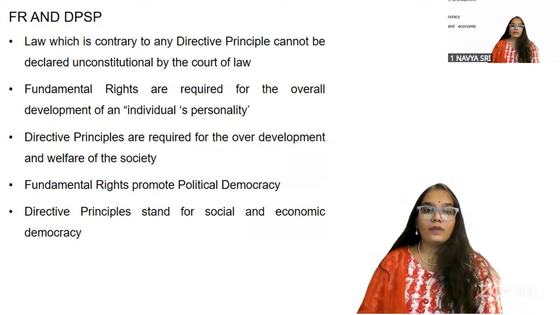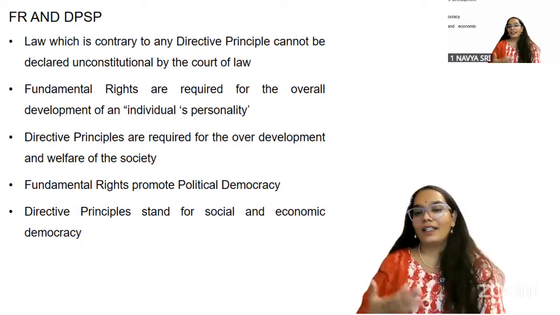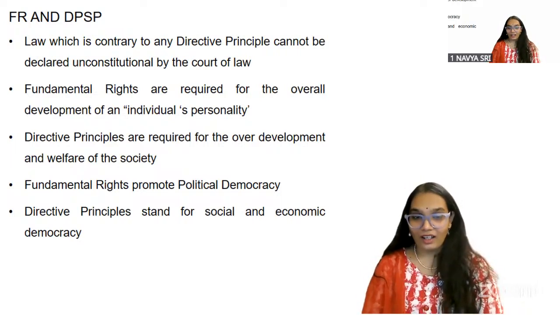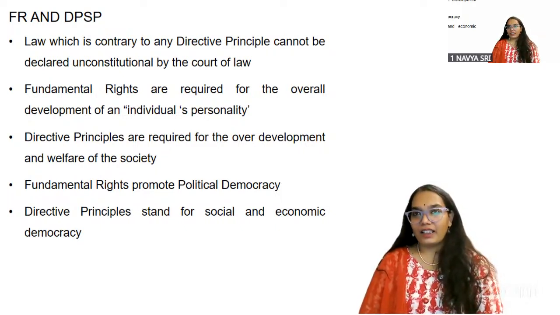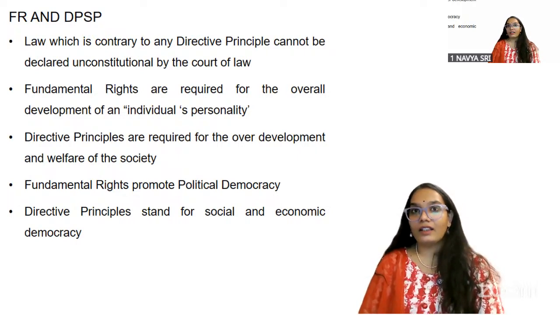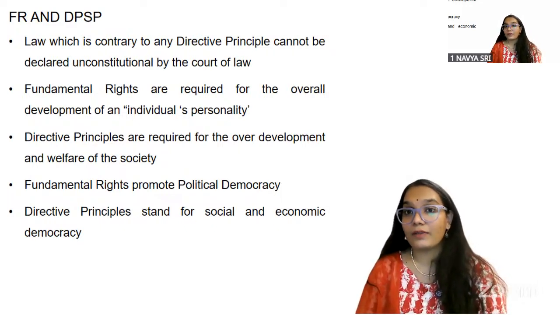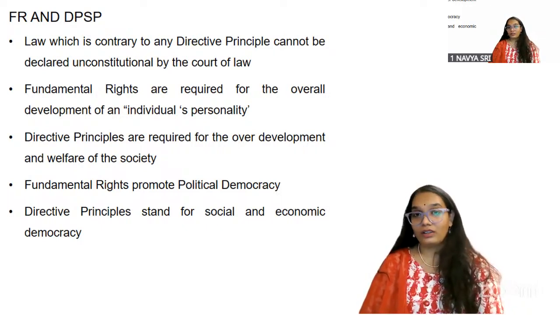Now, next one, a law which is contrary to any DPSPs cannot be declared unconstitutional in court. Now, this is another important difference. Let's suppose any law has been made by putting fundamental rights in second place and DPSPs in first place, then that law can be declared unconstitutional.